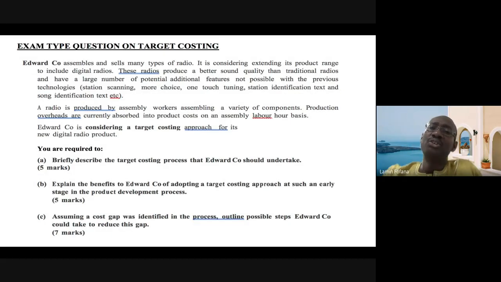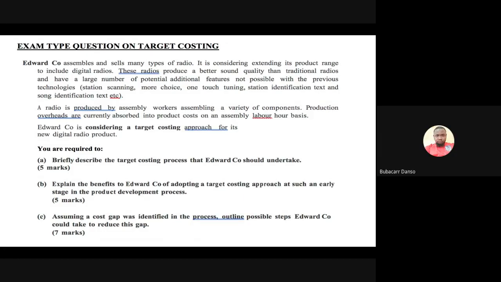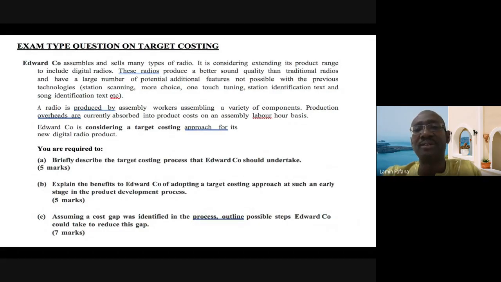We are doing target costing as a planning tool, trying to do it before production, so it cannot be actual cost. It will be a planned cost or a budgeted cost.